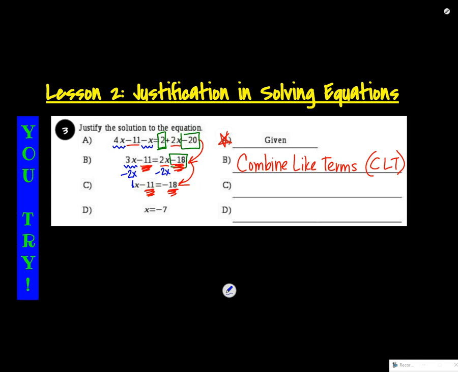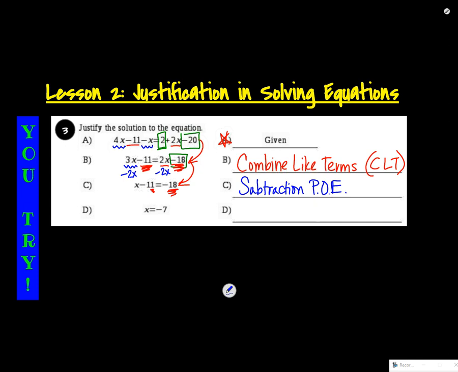I really want you to kind of start moving to the idea that you can write 1x as just x. It's just kind of easier. It's less to write. All right, so I subtracted the same thing on both sides. So that I can write as the subtraction property of equality.